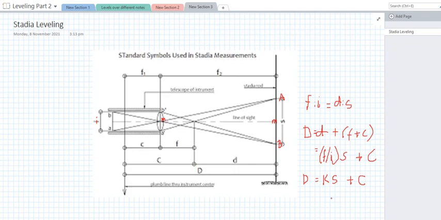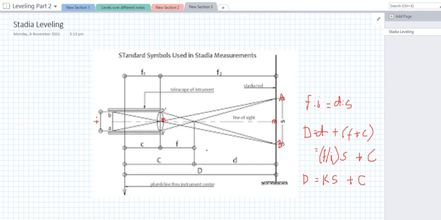Where K is the Stadia interval factor, which usually ranges from 100 or 99.99. Then S is the Stadia or rod intercept, the difference between the upper Stadia reading and the lower Stadia reading, A and B. And C is the Stadia constant, or the distance from the center of the instrument to the principal focus.